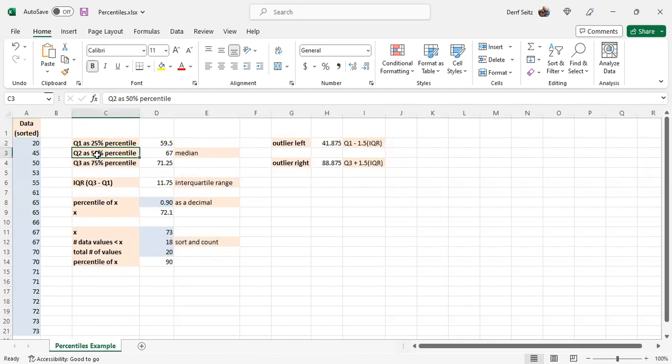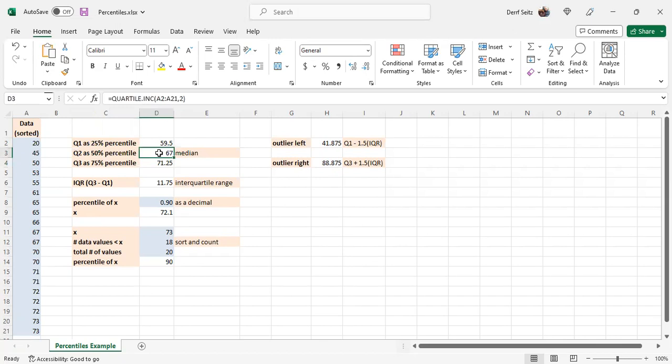Q2, 50% is below it, which means 50% is above it. And Q3, 75% is below it. These are called quartiles.